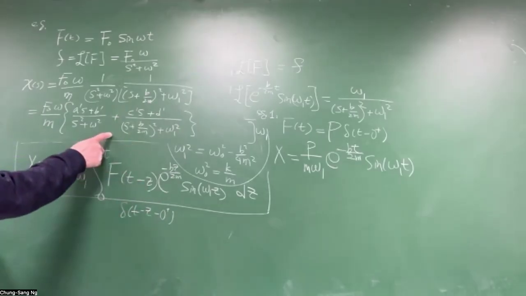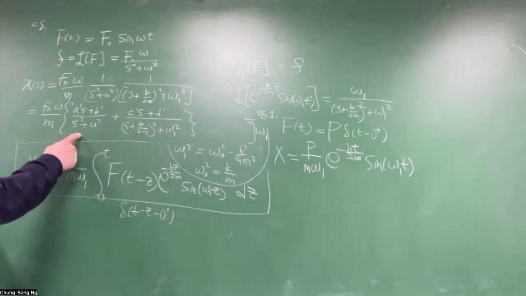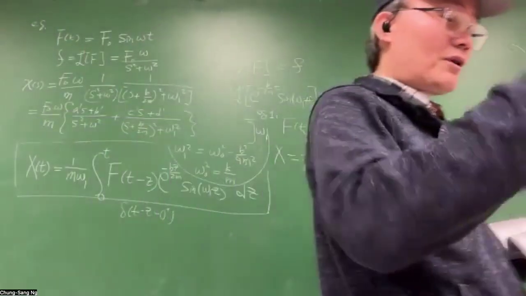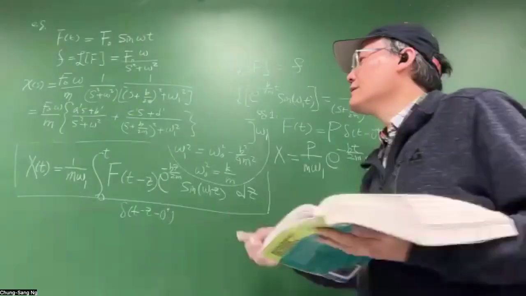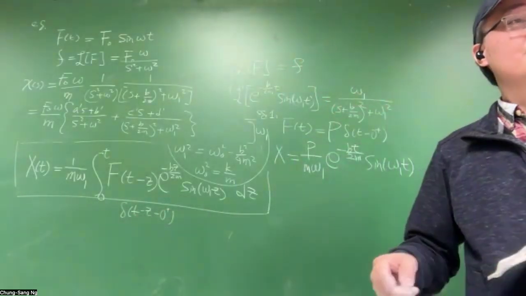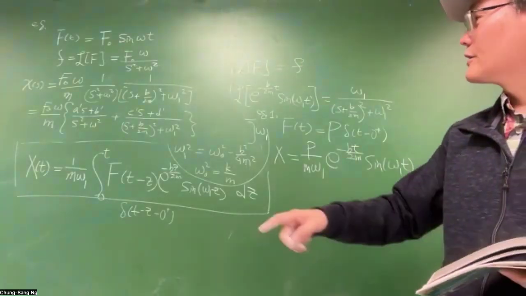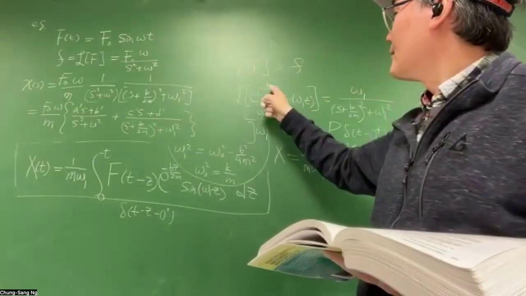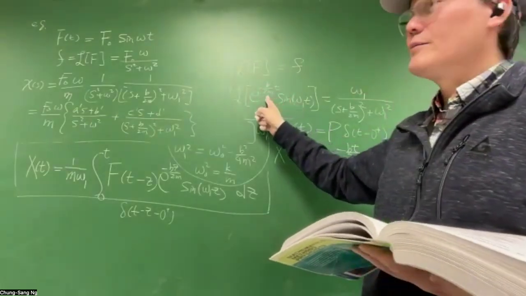And one simplification, if you are only looking at the steady state or quasi-steady state, you drive it, and initially you have what we call the transient, but that will decay away due to this exponential factor. There's e to the minus bt over 2m.